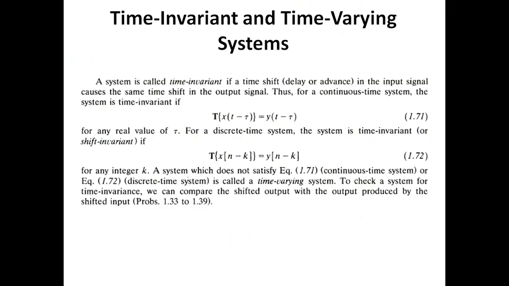Now coming to the time invariant and time varying system. Why do you need a time invariant and time varying system? This is because when we talk about biomedical signals, the systems should be time invariant. Why is this time invariance needed? Say for example, in a time invariant system, you have a system, and if you give a signal now, you will be getting an output.